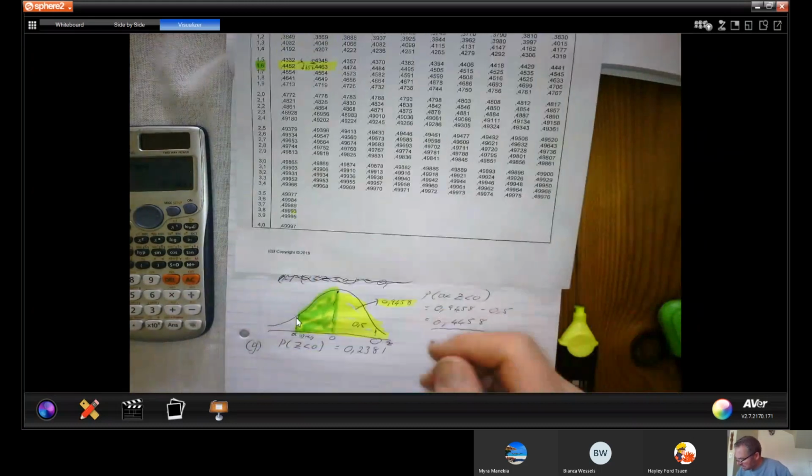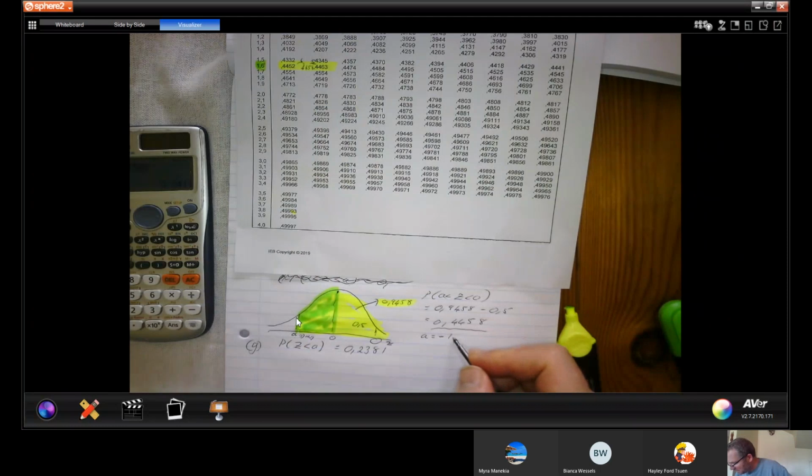So we're going to have A, and remember A is negative because it's to the left. But the Z score is going to be negative 1, what did we say? 1.605.